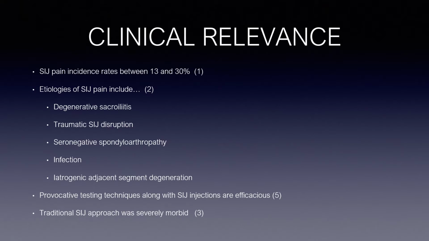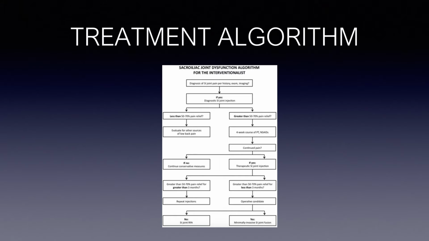Overall, the traditional sacroiliac joint fusion is where we used to open the joint. This is an algorithm for treatment of sacroiliac joint. If we diagnose the patient with sacroiliac joint pathology, normally we do the clinical evaluation. If our diagnosis goes towards sacroiliac joint pathology, we send them for sacroiliac joint injection.